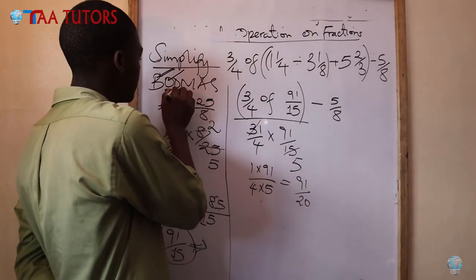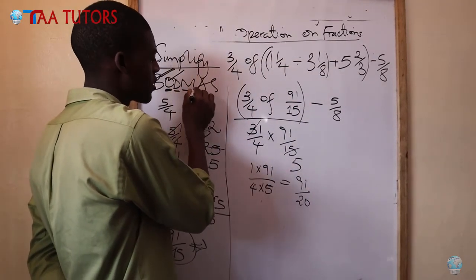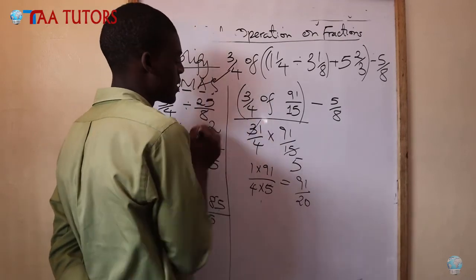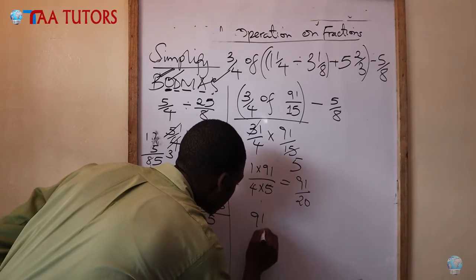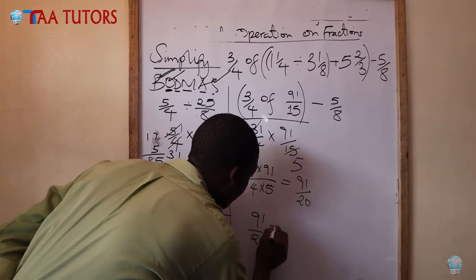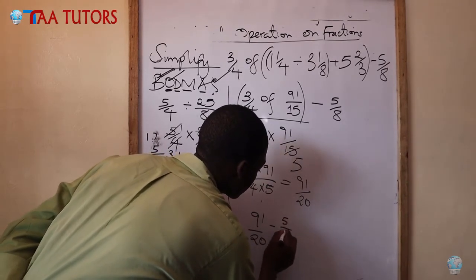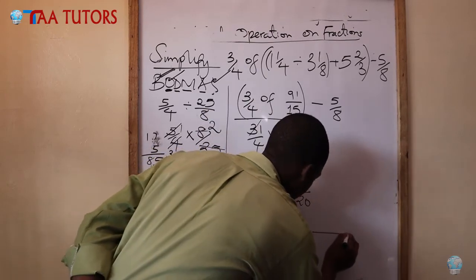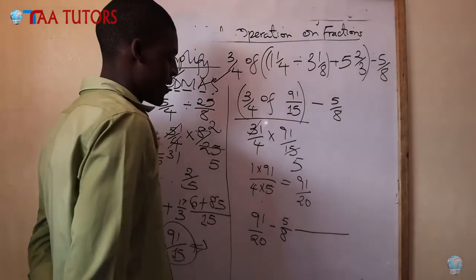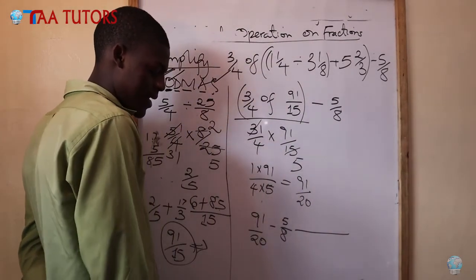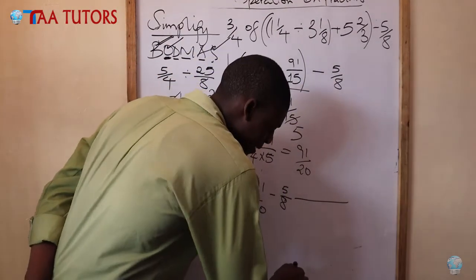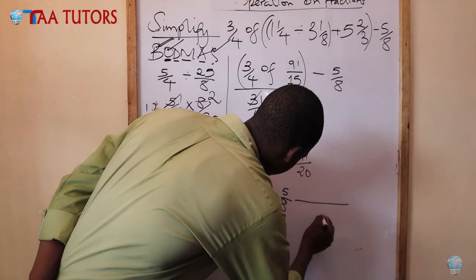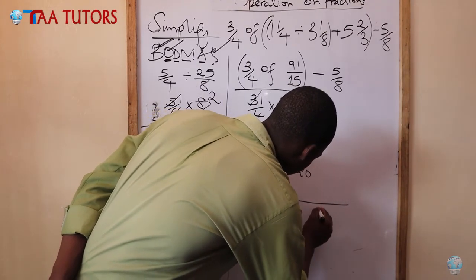There is no division after that, there is no multiplication, there is no addition, so we move to subtraction. So we'll have 91 over 20 minus 5 over 8. The LCM of 20 and 8 will be 40.